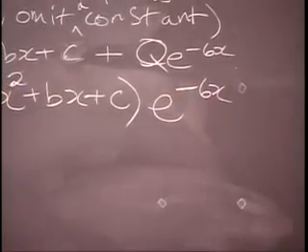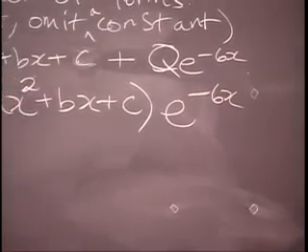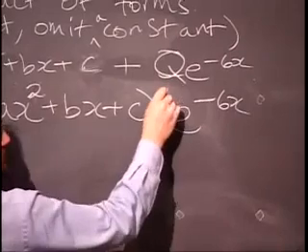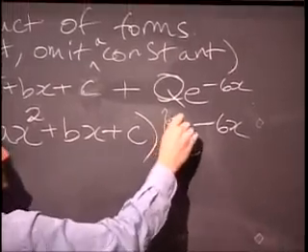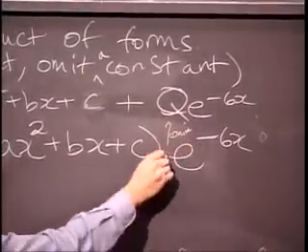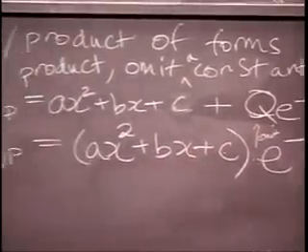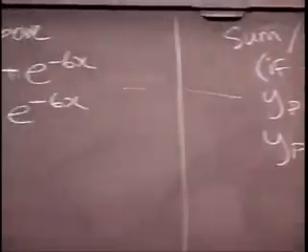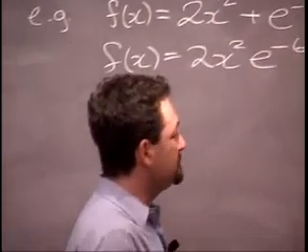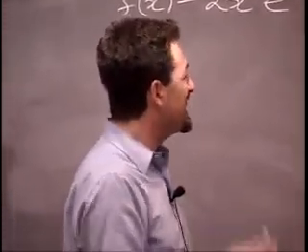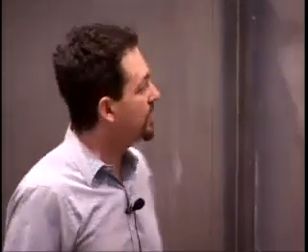If we called it q, you omit the q. The reason being that if q is a constant and you multiply it by a, b, and c, you can rename a to be aq. So aq is now a, bq is now b, cq is now c, and the q has been absorbed. So when you're multiplying two of these forms, there's always one constant to spare that you should omit.